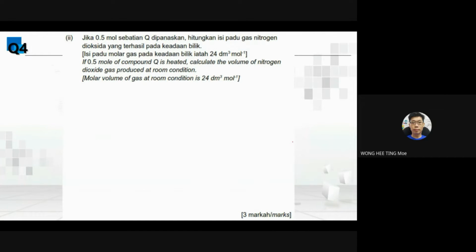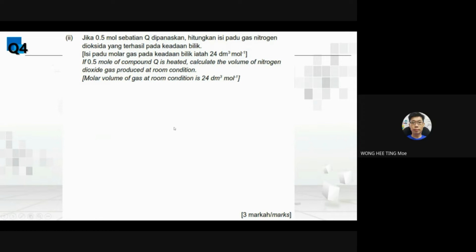Now, if the compound Q is heated, calculate the volume of the nitrogen dioxide gas produced at room conditions. So 3 marks. This one, I let you try to calculate if you haven't.